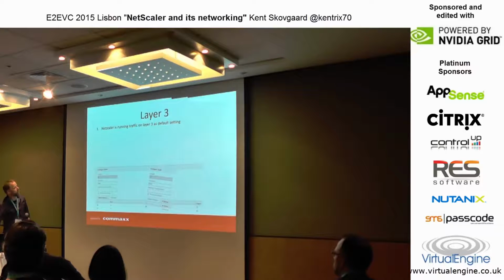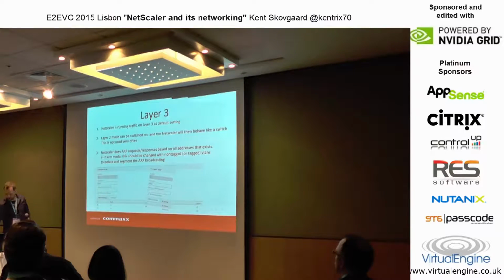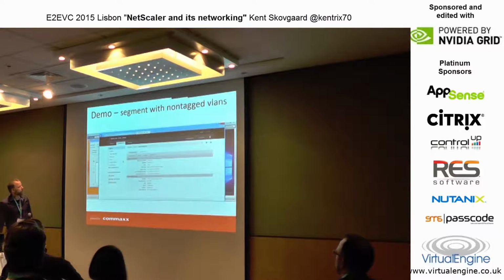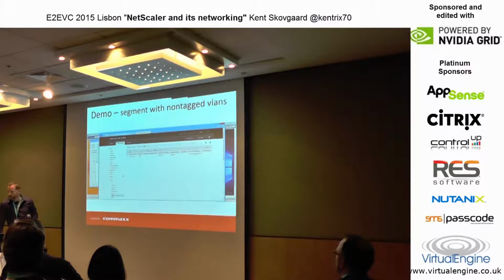So, as we just saw, the NetScaler will do ARP request responses based on all addresses that exist. So we need to isolate the networks, and this is what I'll show you now. So I'm going to the NetScaler administration web interface. I'm going to add another VLAN, but this is a virtual appliance, so I don't want to tag it.